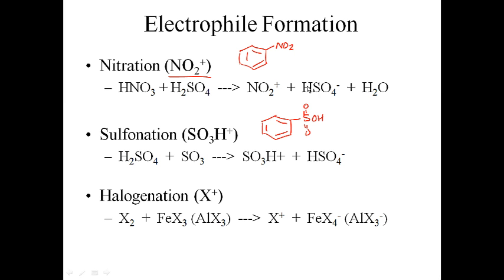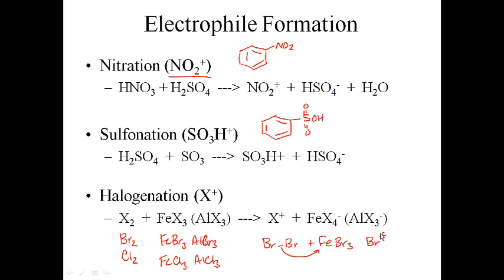And of course, then I can turn this OH into a Cl and begin to make my tosyl chloride type compounds. And then the final thing is that halogens like Br2 or Cl2 will not add to a benzene ring by itself, but if we add a catalyst such as FeBr3 or AlBr3 or FeCl3 or AlCl3, the bromine molecule will actually react with, let's say, FeBr3, and we will end up forming a very potent Br+, which is now going to be our electrophile, and then we would form FeBr4-.